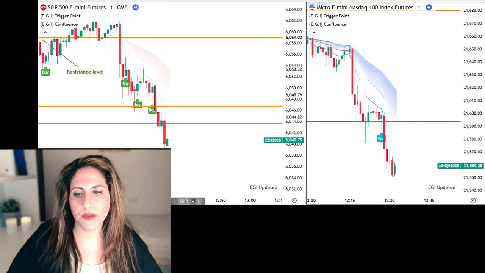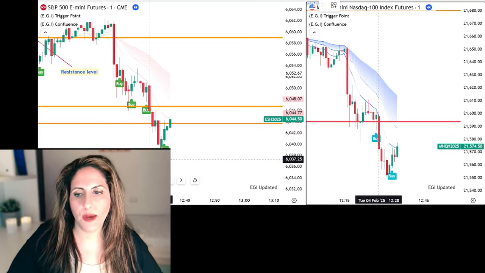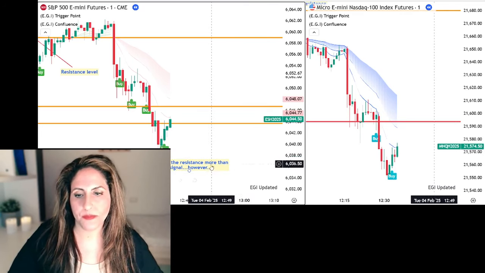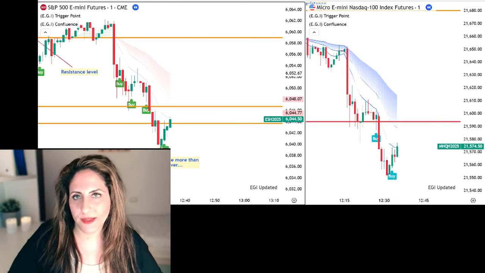And at this point, if you remember, I thought that this was a false signal. I believe the resistance more than this buy signal. However, when looking at NQ, there's a possibility that this buy signal is not a false signal.